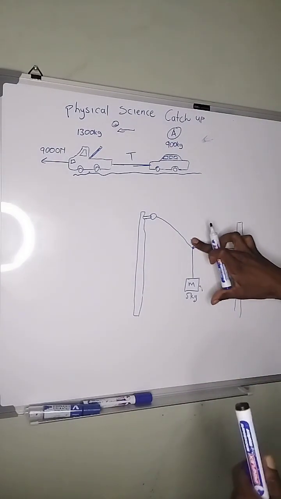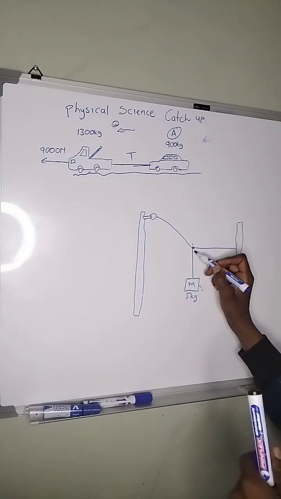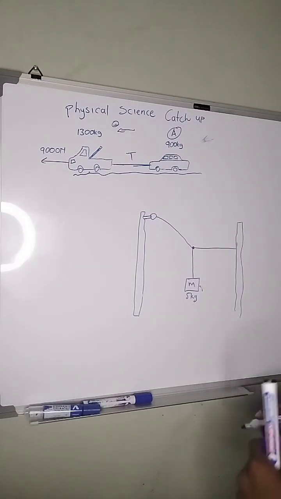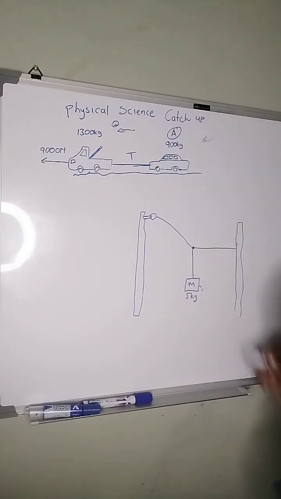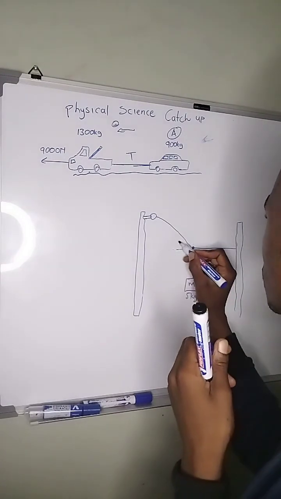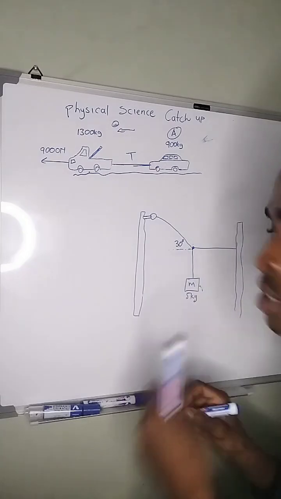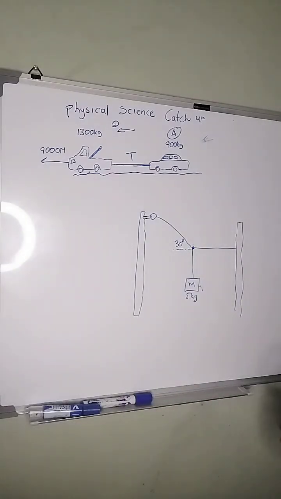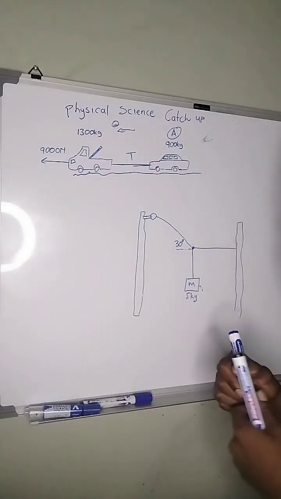So let me draw a closed triangle for this guy. Let me assume that this is 30 degrees. This is hanging.